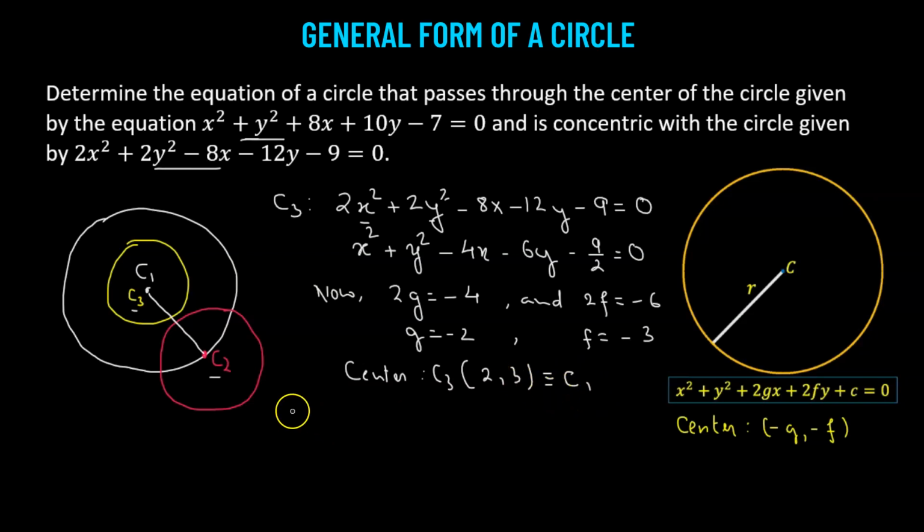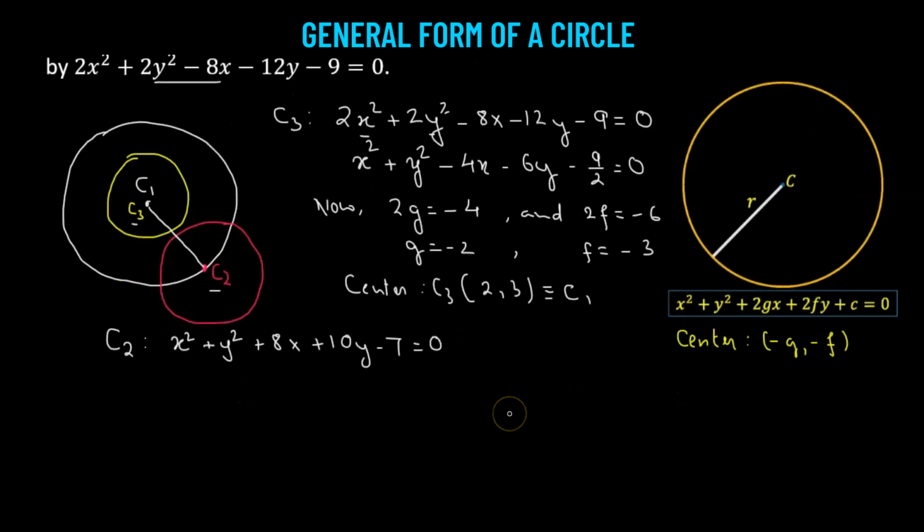Our next task will be to obtain the center of circle C2. So the equation of the circle is given by x squared plus y squared plus 8x plus 10y minus 7 equals 0. If we compare it with the standard form, the value of 2g comes out to be 8, and the value of 2f comes out to be 10.